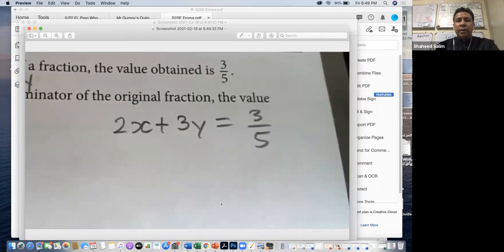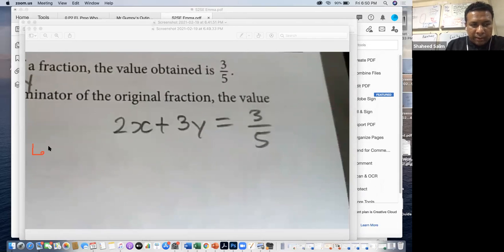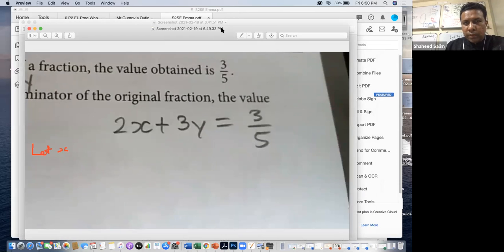Now remember, normally when we make it a practice, Emma, from now onwards you got to start this. You say, let X be something, as your teacher taught you in class.